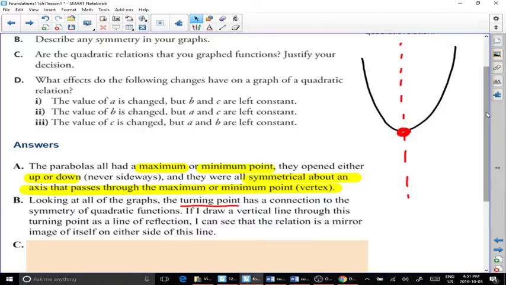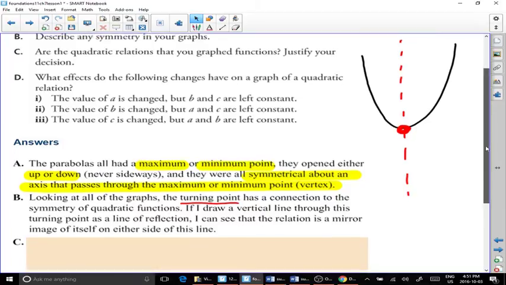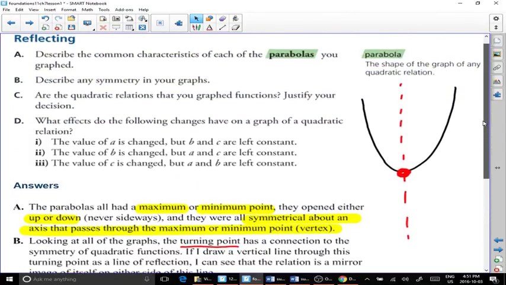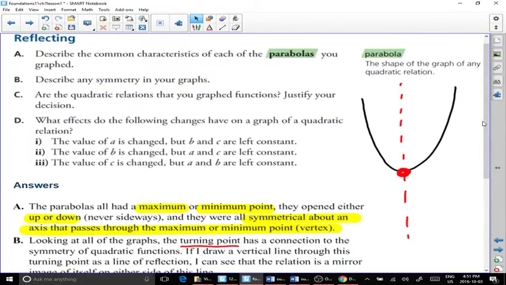Part C asks, are these quadratic relations that we graphed functions? Yes. If you recall from grade 10, a function is a function if we cannot draw a vertical line and cross through the graph in two spots. So I'm going to draw a vertical line here.